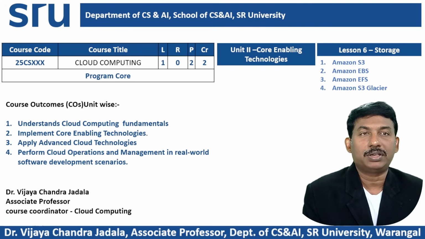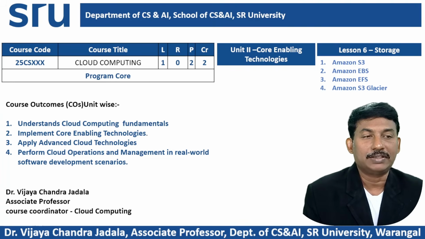The major storage services are Amazon S3, Amazon EBS, Amazon EFS, and Amazon S3 Glacier. Amazon S3 means Simple Storage Service, Amazon EBS is Elastic Block Storage, Amazon EFS is Elastic File Storage, and then Amazon S3 Glacier.